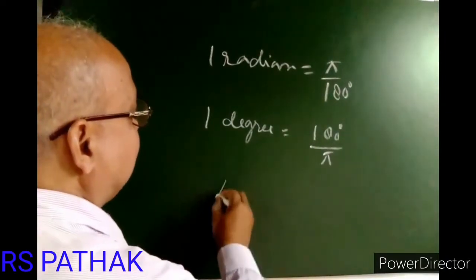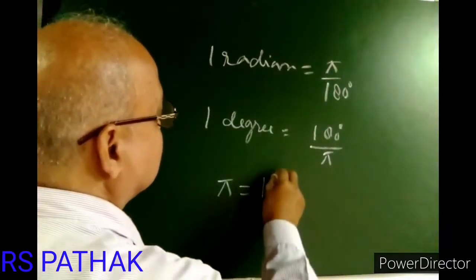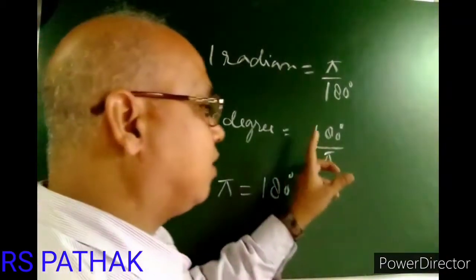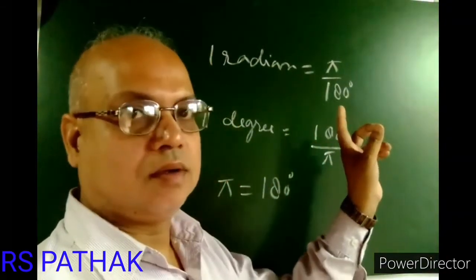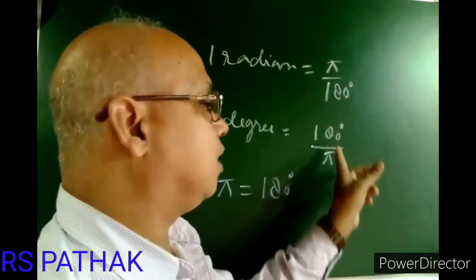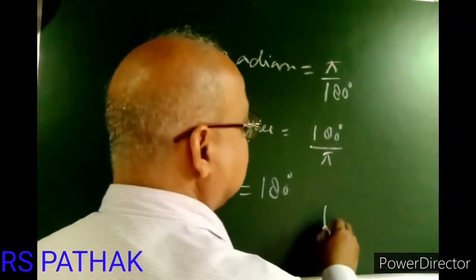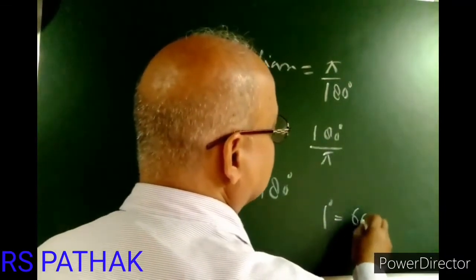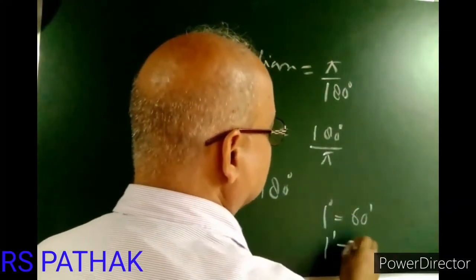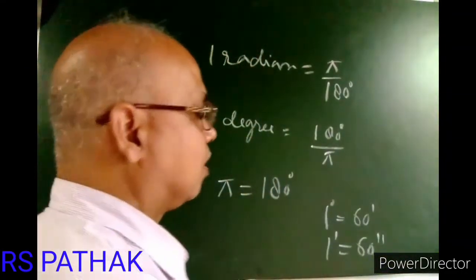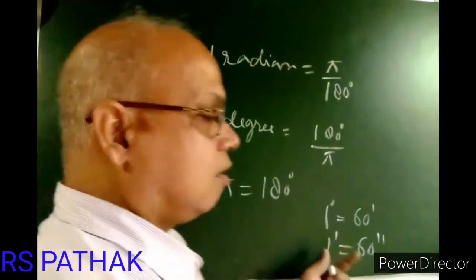Generally, the value of pi is 180 degrees. This is the conversion of degree to radian. 1 degree is equal to 60 minutes. 1 minute is equal to 60 seconds. This is the measurement.